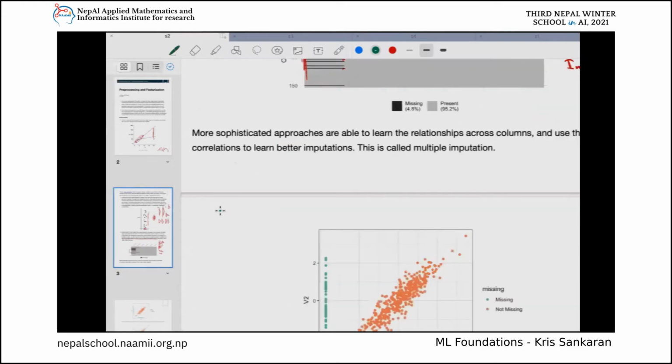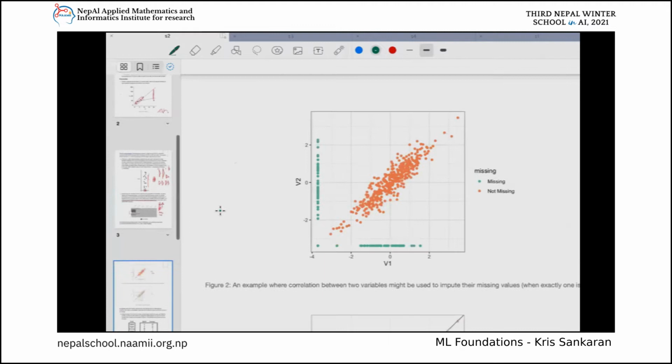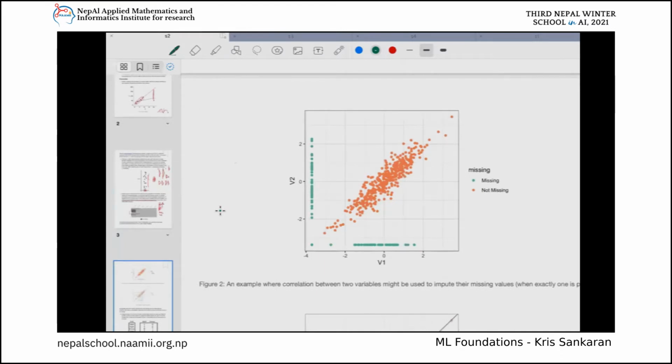The reason you can imagine based on this figure, right? The main idea is that you can try to exploit correlation across several different features to better fill in the missing ones for each feature. So imagine here V1 and V2 are two different features, feature 1 and feature 2. The orange points are observed for both features. But the points along the side here are only observed in V1.